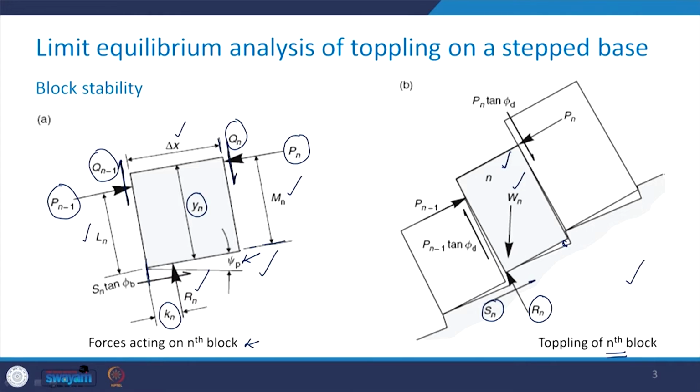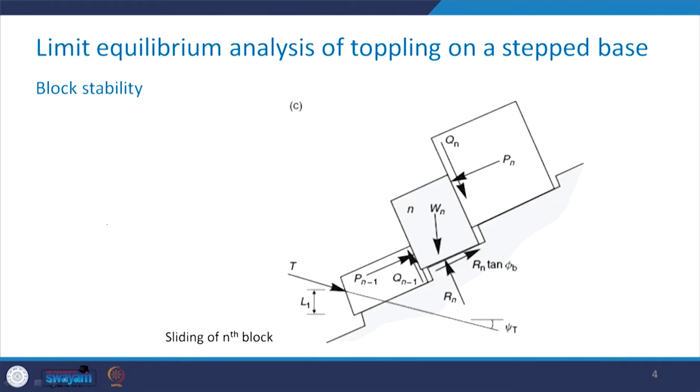The weight of the block is given by Wn, and the forces Pn and Pn minus 1 act in this particular plane at locations shown in this figure and given by Mn and Ln respectively.